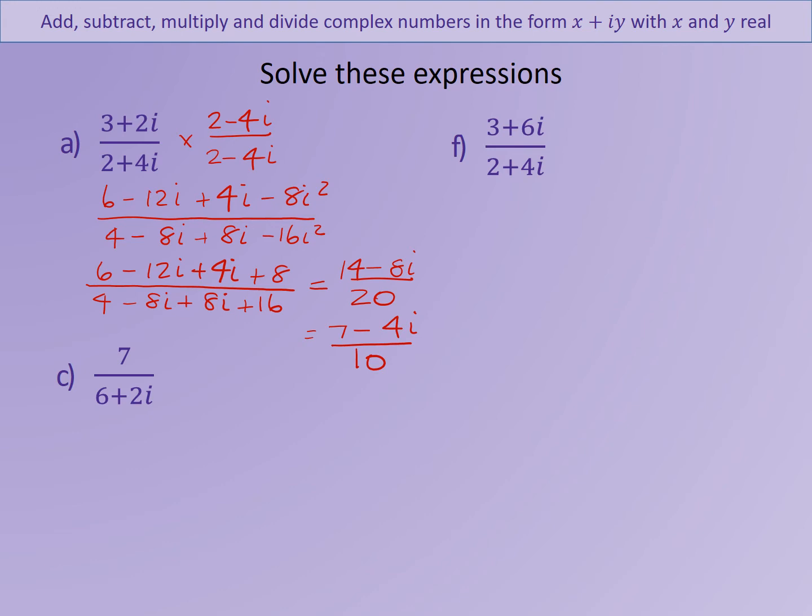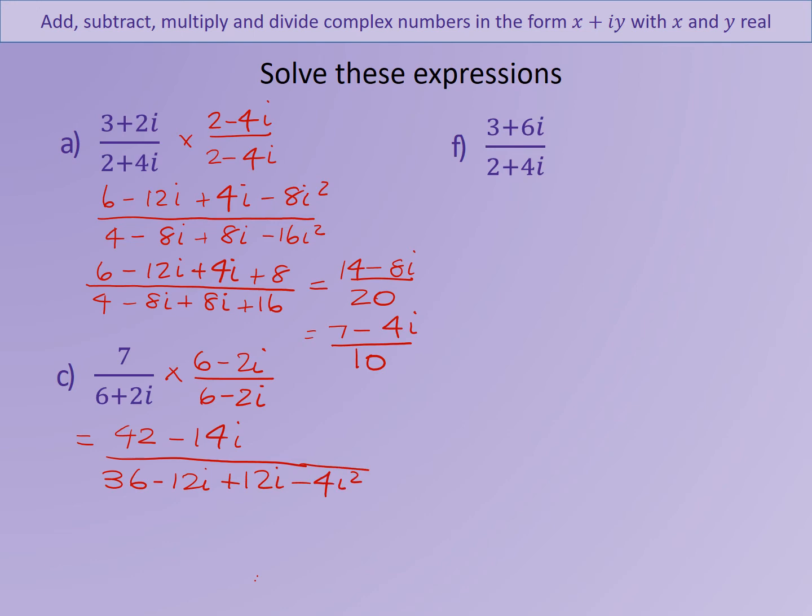Next one, multiplying through by 6 minus 2i over 6 minus 2i. The numerator, 42 minus 14i, all over 36 minus 12i plus 12i minus 4i squared, and substituting in the denominator there, 36 minus 12i plus 12i.